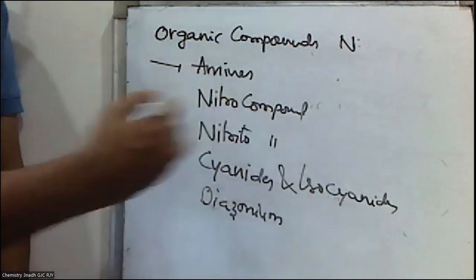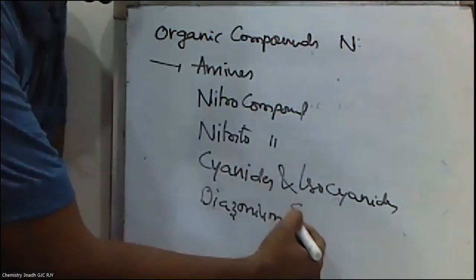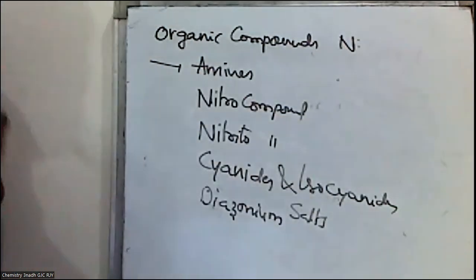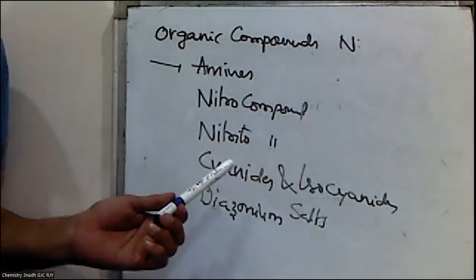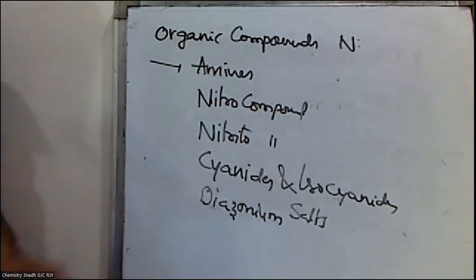They are occurring in various forms, such as amines, nitro compounds, nitrito compounds, cyanides, isocyanides, and diazonium salts.